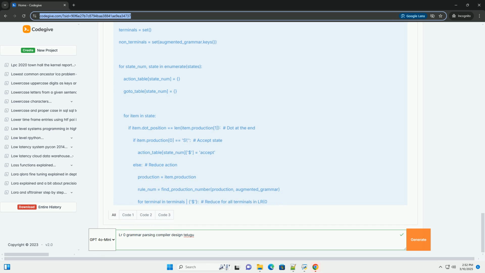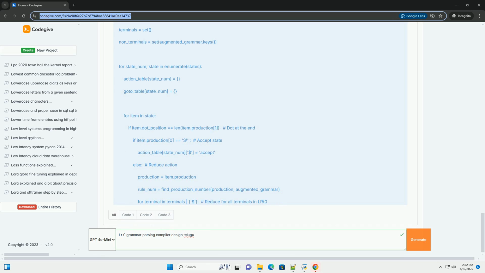Like following a road sign to the next destination. build_LR0_automaton(grammar) function: this builds the entire state machine that the parser uses. It's like creating a roadmap of all possible states and transitions in the grammar.